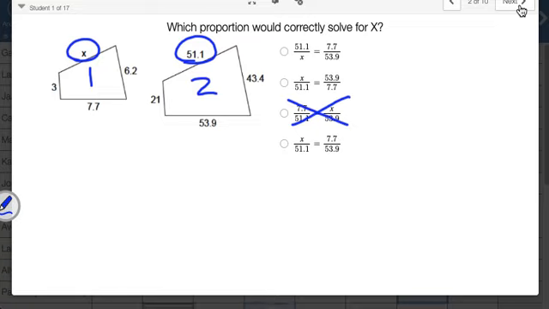Okay, because they're diagonal from each other. If we wanted to color coordinate, I circled the 51, the x and the 51.1. The other options up there that we're looking at are the 7.7 and the 53.9. So we know that 7.7 and 53.9 are the sides that we're trying to compare.